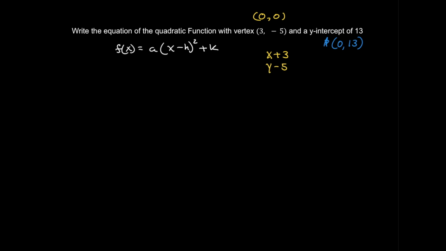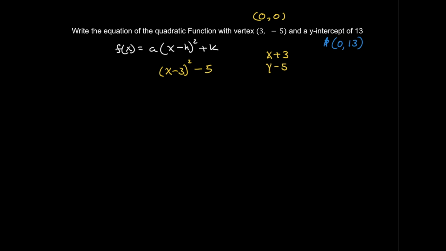So those would be the translations, and then just following that logic, inside affects the x values but in the opposite way. So if my rule is x plus 3, then my equation will say x minus 3. And y is the outside stuff and in the same way. So since my rule is y minus 5, there's going to be a minus 5 out here.